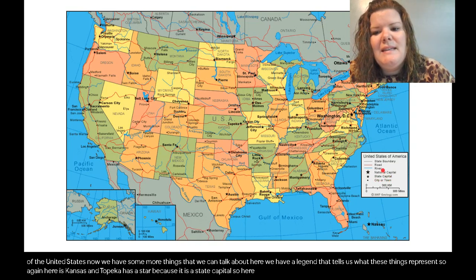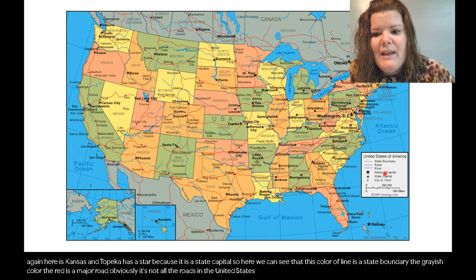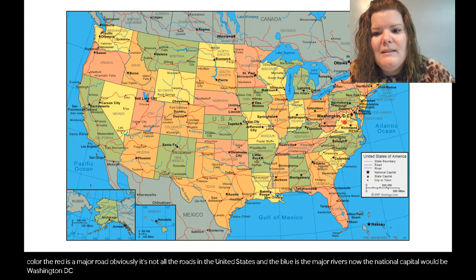So here we can see that this color of line is a state boundary, the grayish color. The red is a major road. Obviously, it's not all the roads in the United States. And the blue is the major rivers. Now, the national capital would be Washington, D.C., which is right there. State capitals we'll see in every single state.